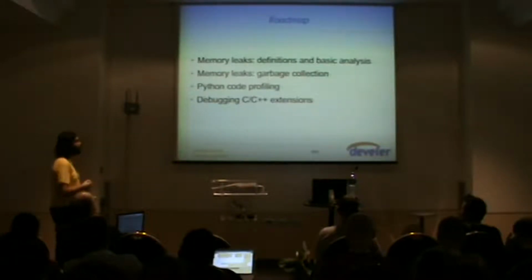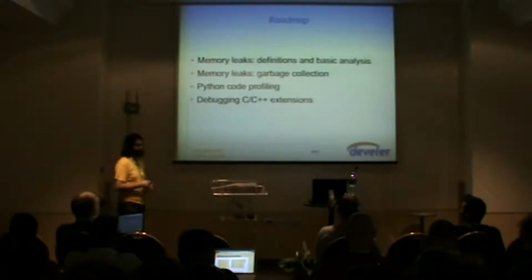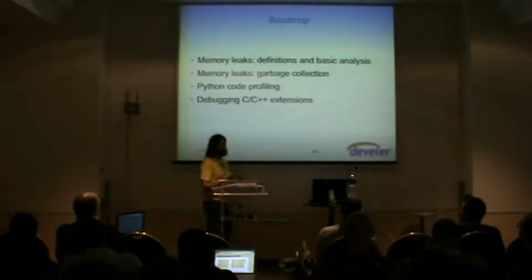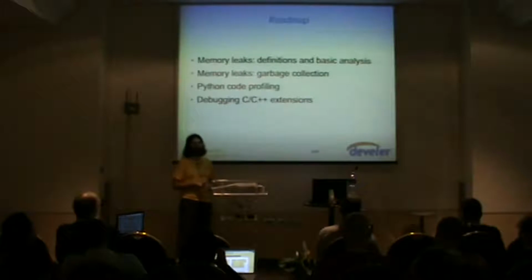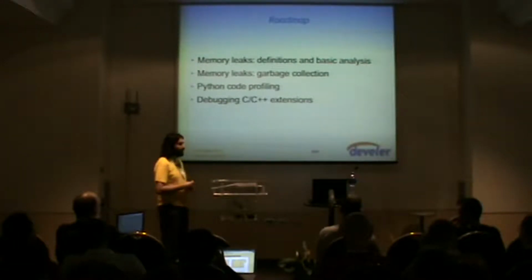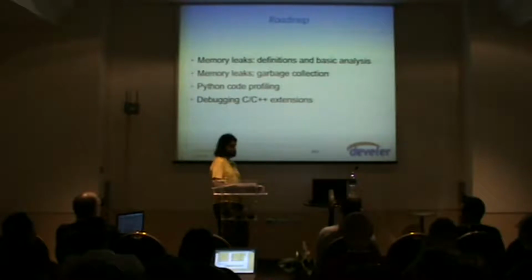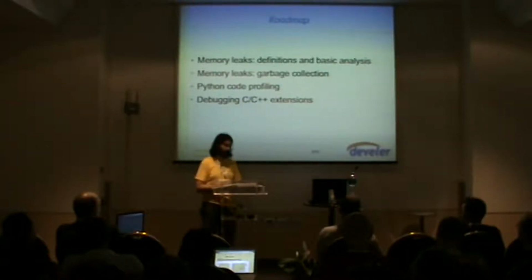Okay, so this is the roadmap of my talk. We will look into memory leaks first, and resource leaks in Python in general, which is a big topic. We will detail what a memory leak in Python is, since it shouldn't be a memory leak, right? So what is a memory leak, and how can we debug it and fix the problems. Then we will look into Python code profiling, so what Python has to offer to help developers profile their code.